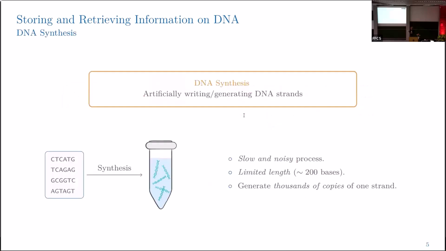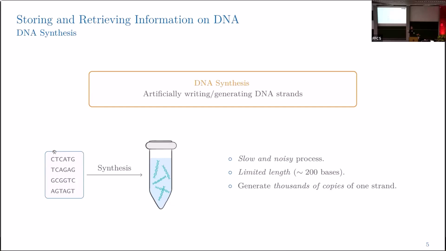Okay, once we have written on a DNA, we actually want to build the DNA. So we know now theoretically how it should look. So we use synthesis, which is the writing process. So we artificially create or generate this DNA strand. Now we have to do this base by base. And also from one string written like this, we cannot create just one DNA strand, but we create thousands of copies of each.